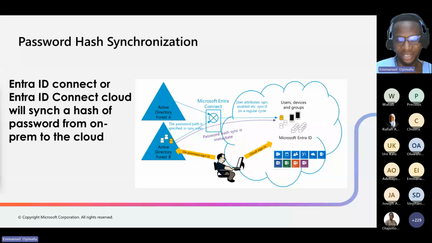So a forest in this sense is the security boundary in an environment, just like the way we have different countries. So we have Nigeria, we have Ghana, we have Egypt. So that boundary that differentiates Nigeria and Ghana, that's the forest. So in Nigeria you have different states, such as Lagos, Niger, and different states. So those are domains that you can have under Nigeria as a forest, which is the security boundary.